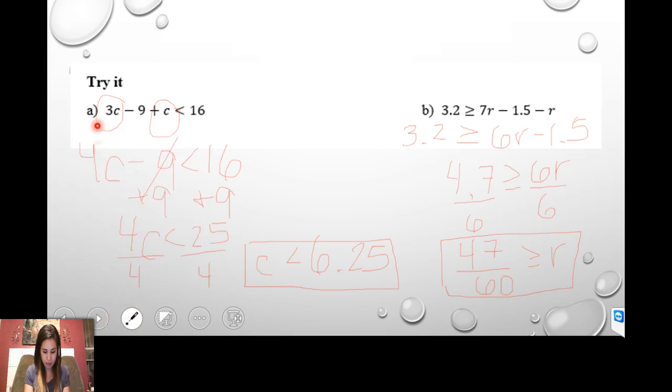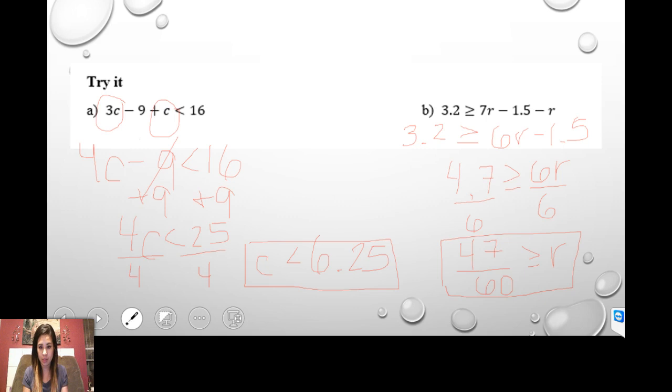Then we added 9 to both sides, which got us to 4c is less than 25. My last step was to divide both sides by 4, and so we ended up with c is less than 6.25.